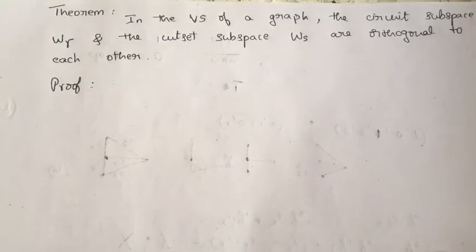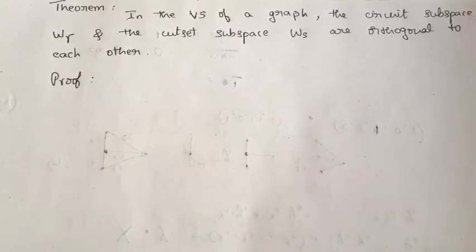But if I have an edge disjoint union of circuits, then what happens? Will they have an even number of edges in common?